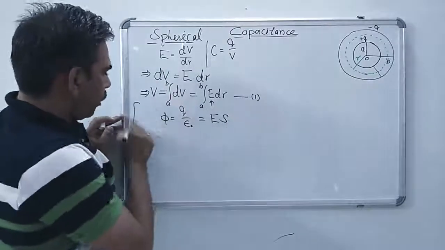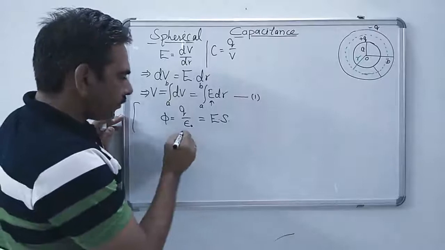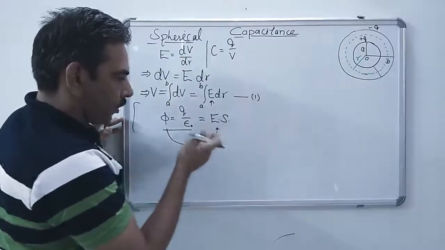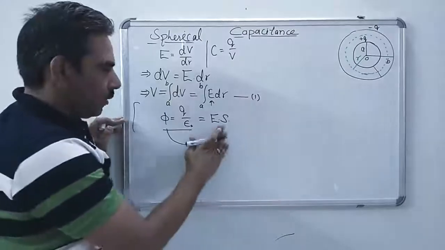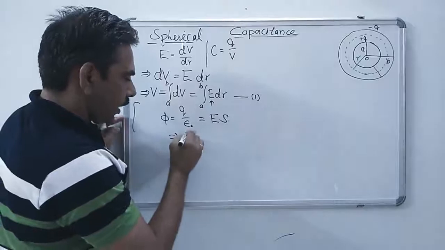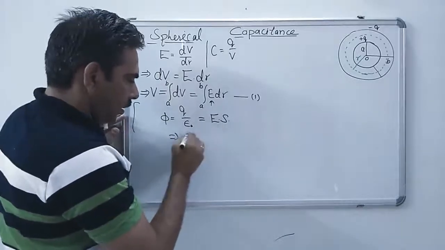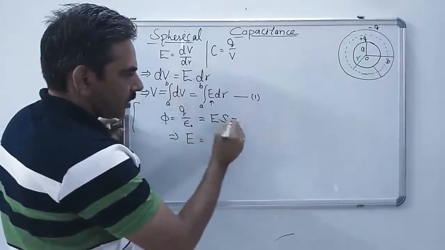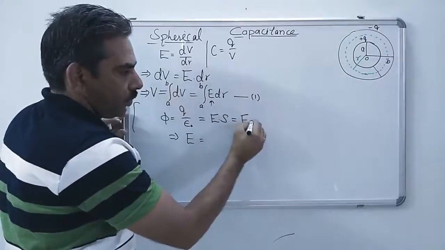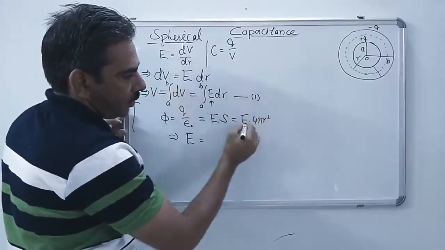So this is how we find the electric field. This is according to Gauss law and this is by definition, because two things are representing the same physical quantity. Okay, so from here we get E. This S is the surface area of the Gaussian surface, which is E into 4 pi r square.